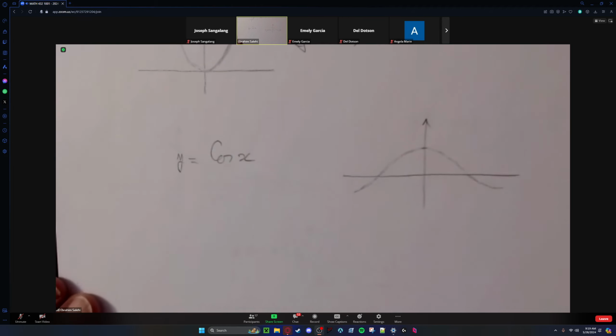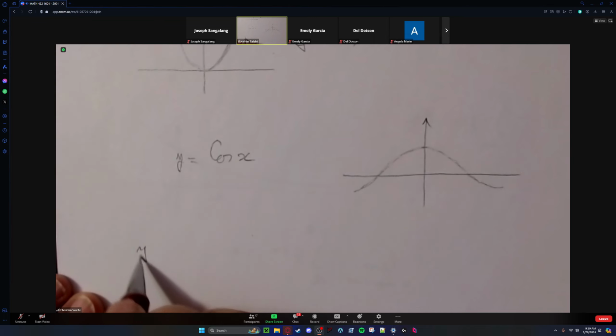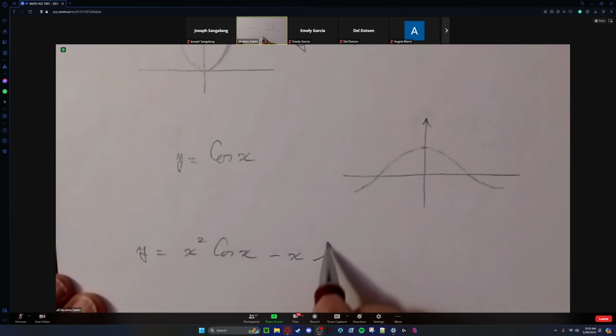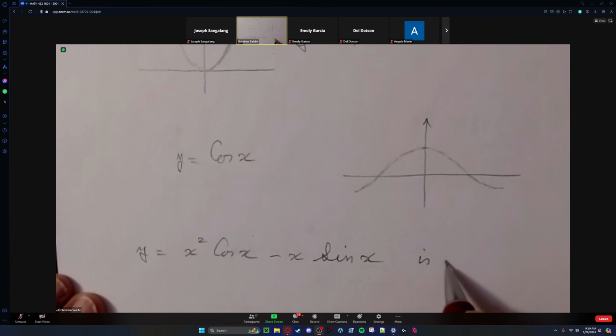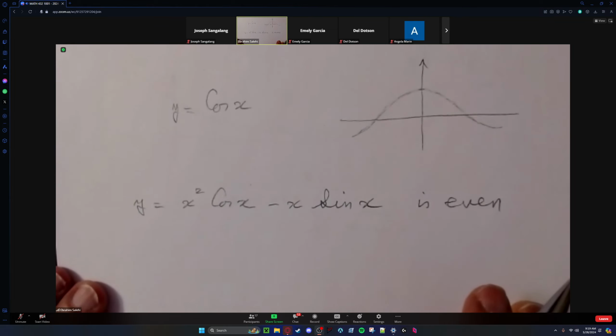These are examples of even functions. Here is y equal x squared cosine x minus x sine x, which is even. Why is it even?